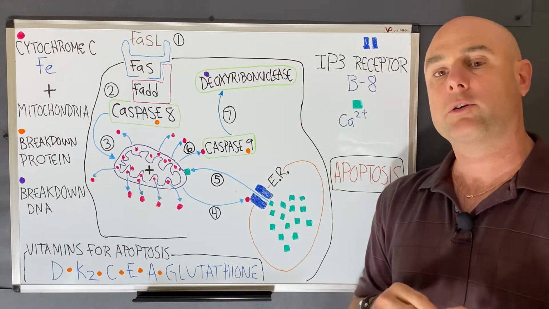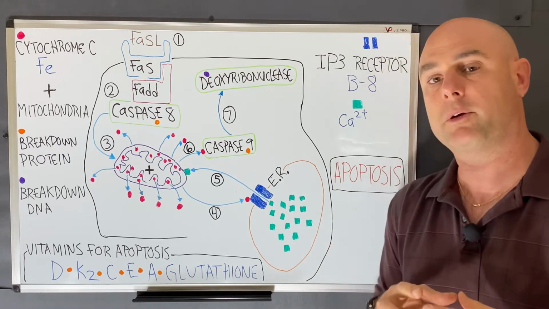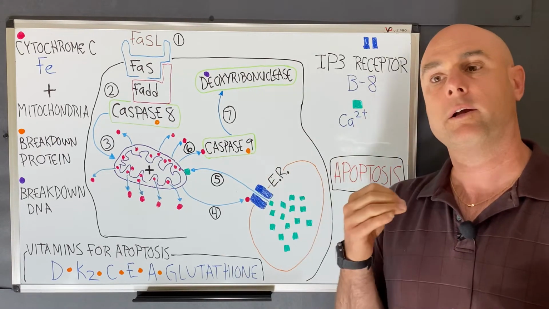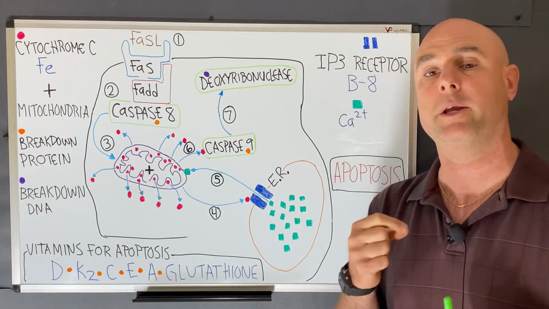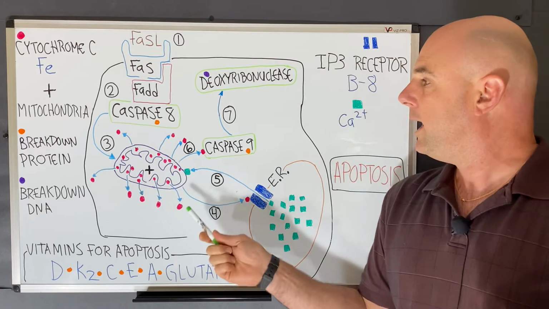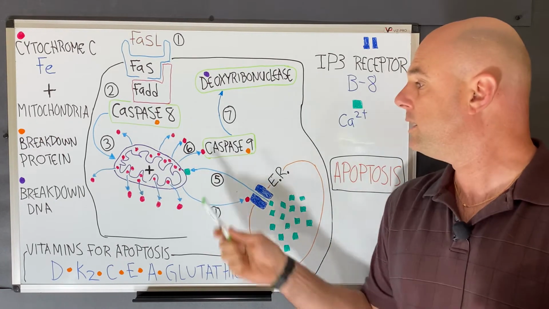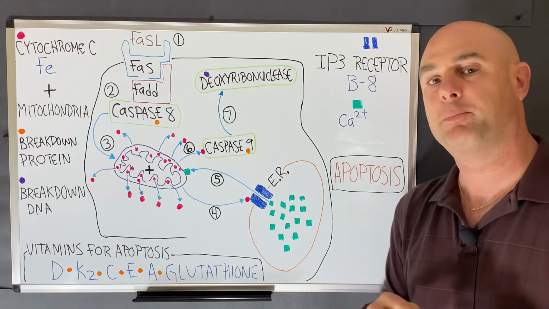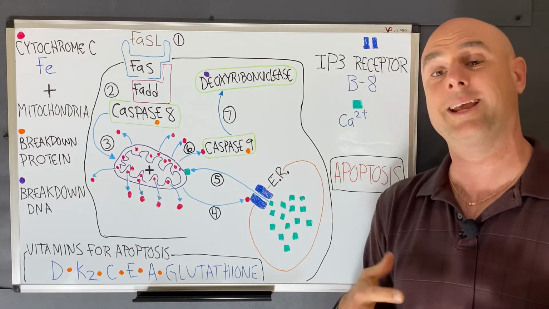Not only are the cytochrome C proteins leaching out into the cytoplasm from the mitochondria, other apoptosis chemical signals are also being released by the mitochondria. However, it's this cytochrome C that came from the mitochondria that turns on a caspase 9 enzyme. Again, this is dormant in the cell.